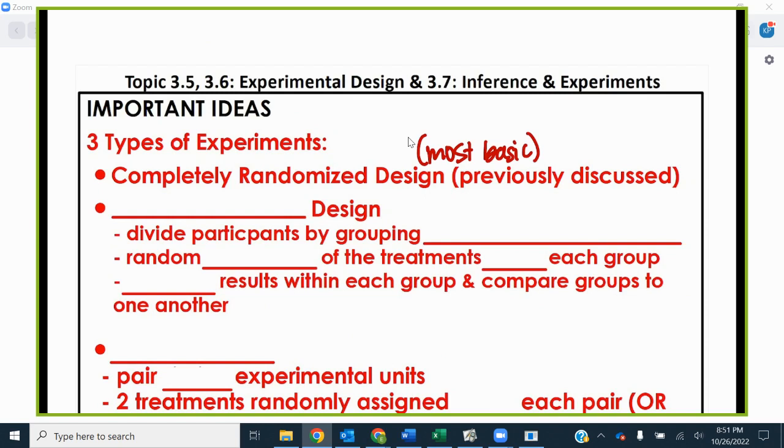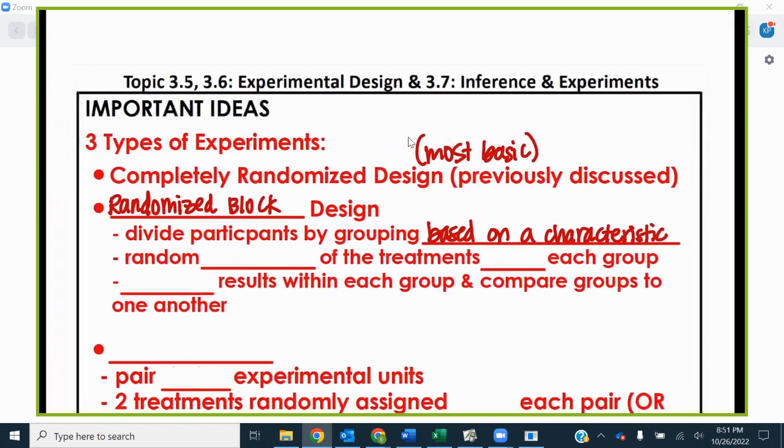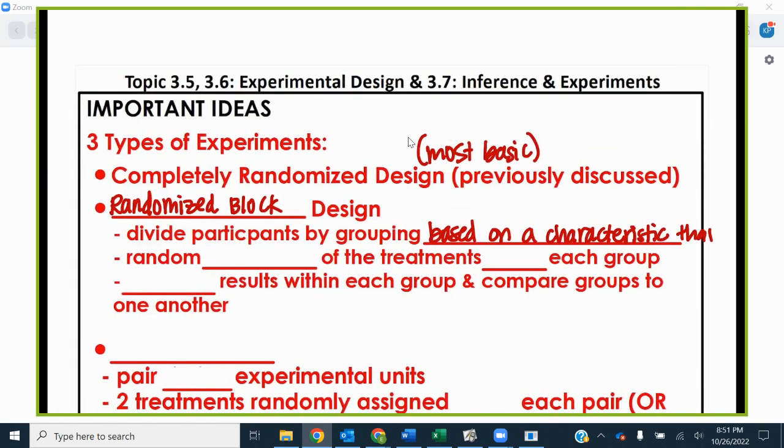The next kind was called a randomized block design. And that's where you divide participants by grouping based on a characteristic. And then you want to make sure that characteristic would affect the response. So I'm going to add that in.